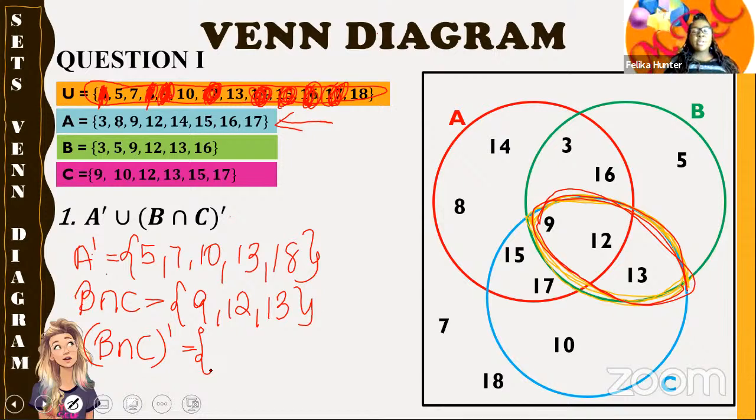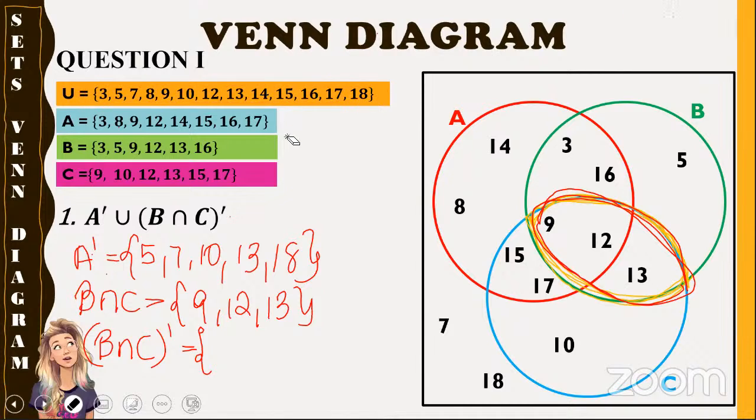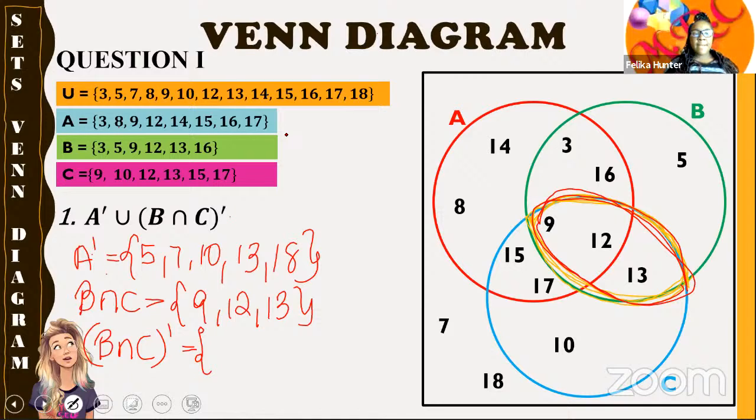All right. So let's not look at it from the Venn diagram. Let's look at it from the listing that we have up here. 9 and 12 is common to both of them, right? If I'm finding the intersection of B and C, I'm looking for all the numbers that are in B and also in C. It doesn't matter if they occur in another set.